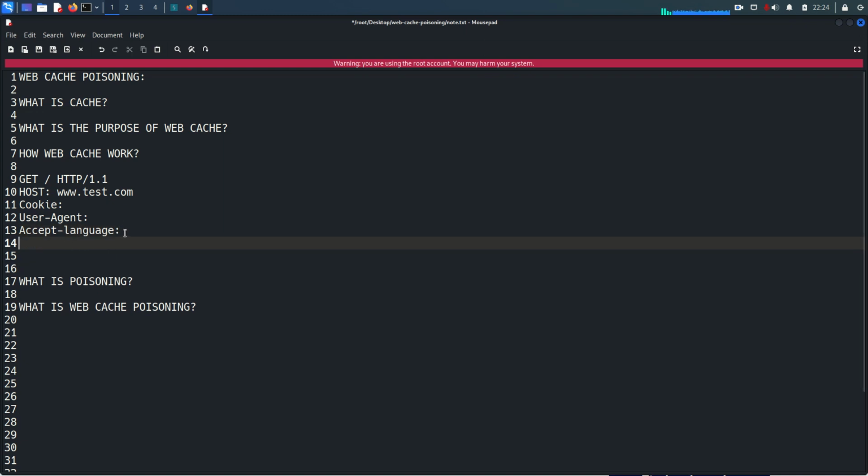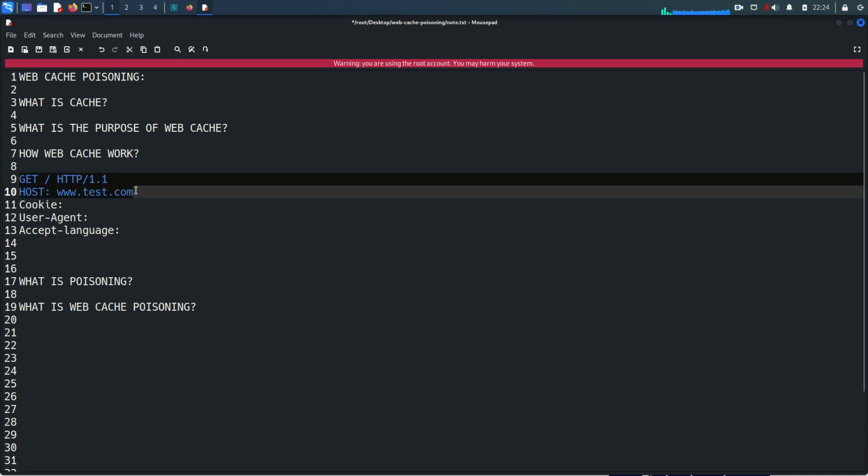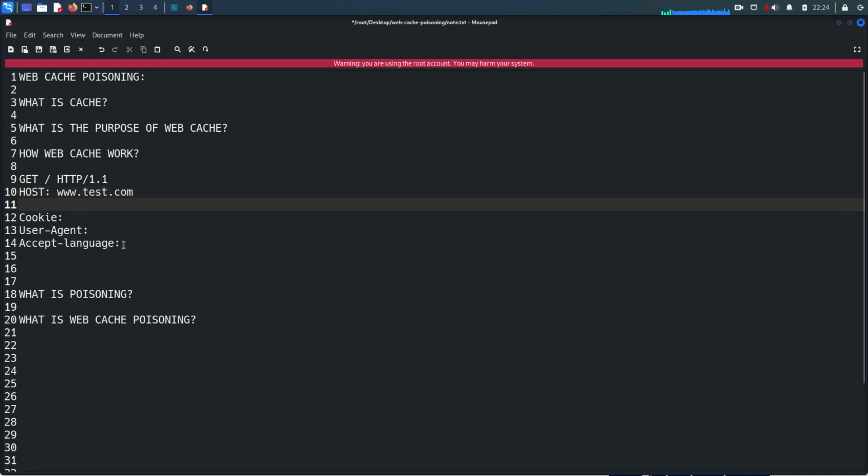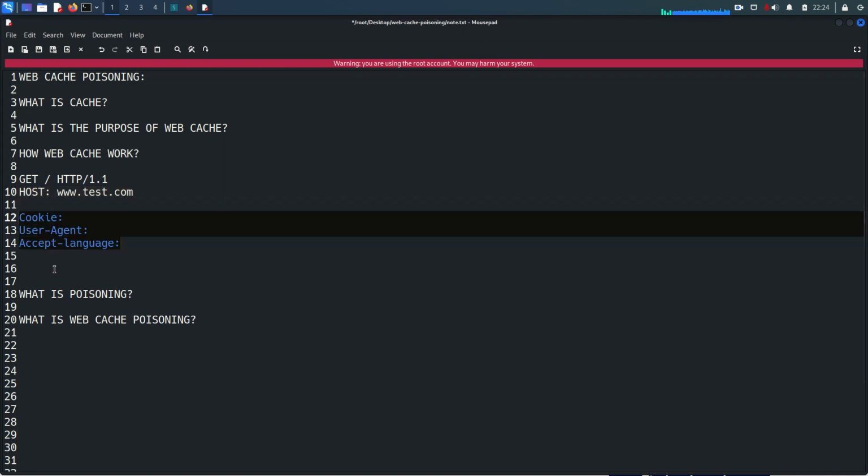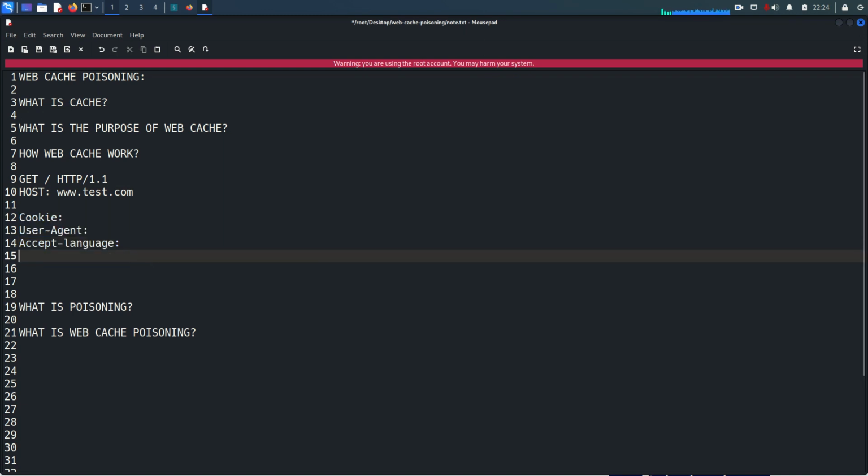It could be any header, but the thing is the cache is going to identify the request from these 2 lines. So these 2 lines are known as keyed cache, and the rest of the headers are known as unkeyed cache. Fine, so it doesn't matter what you have here.